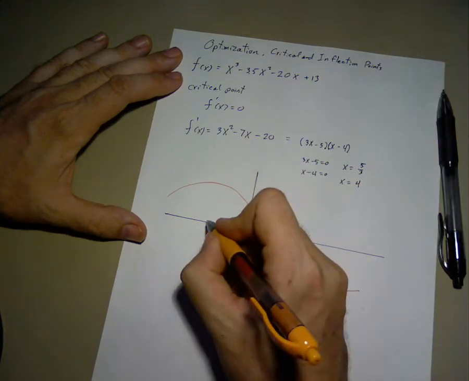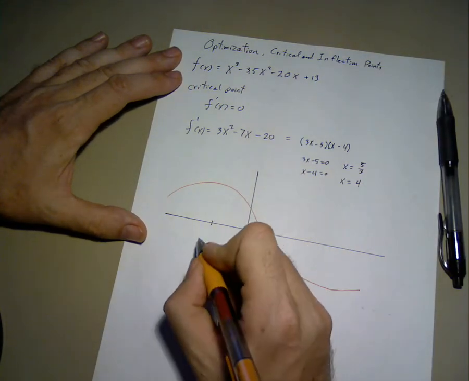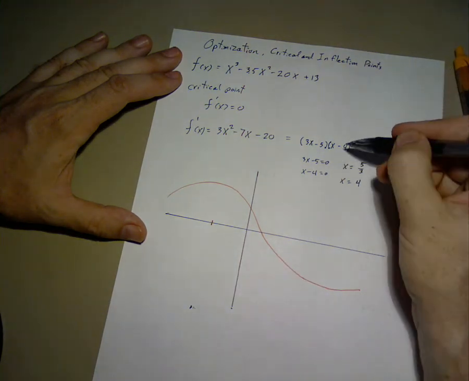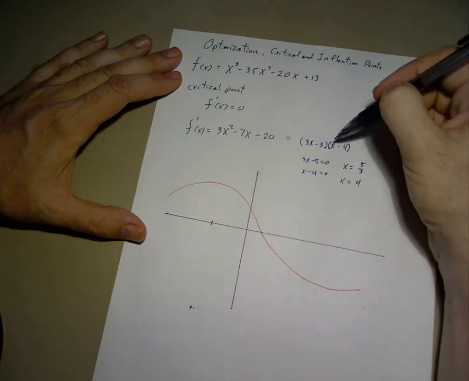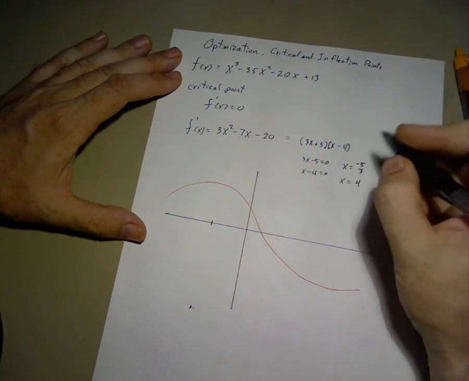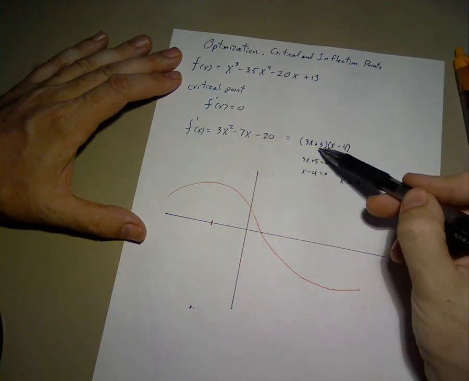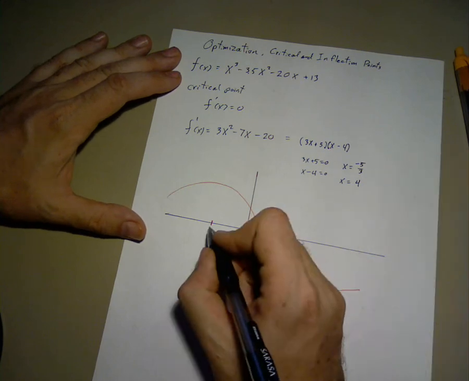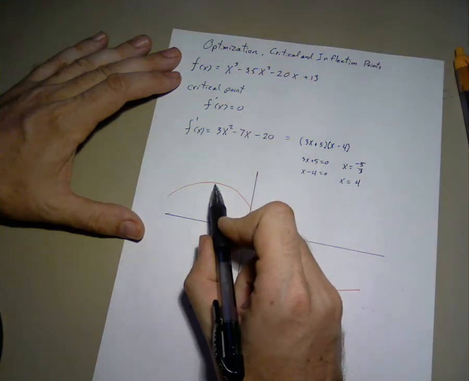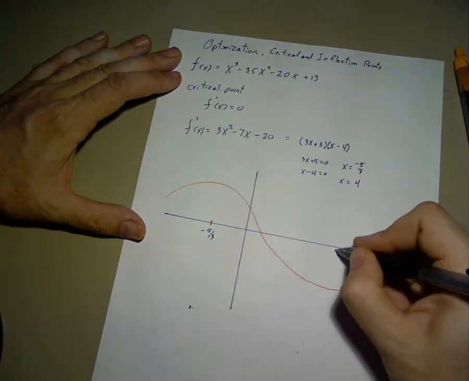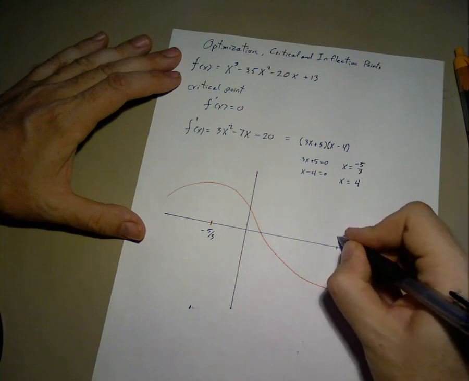Wait, I am missing a minus sign up here, on the 5x. There we go, that's correct. Therefore, our first maximum will be at minus 5 over 3, and our minimum will be at x equals 4.